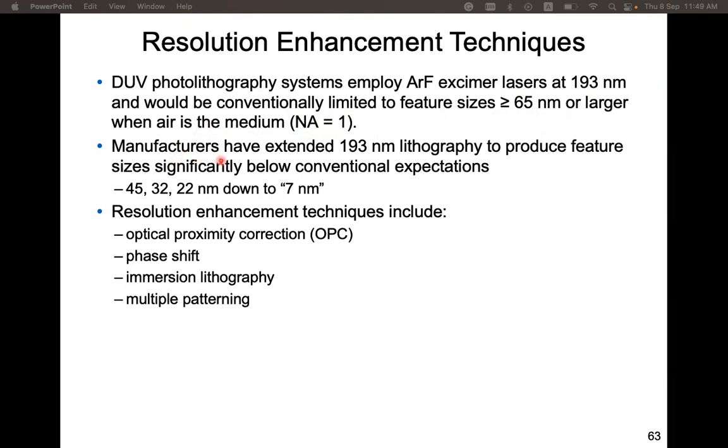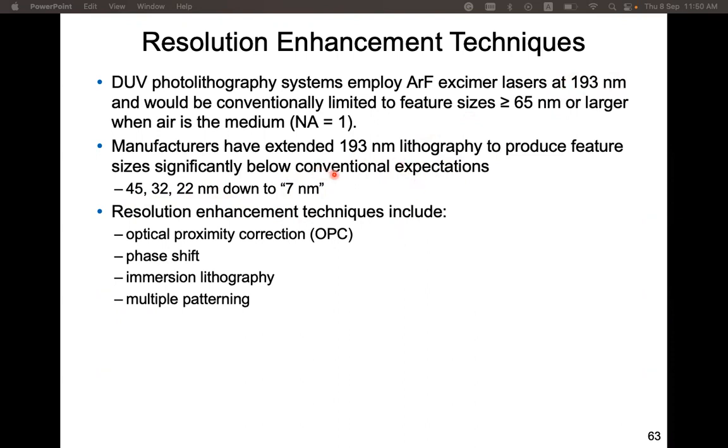But manufacturers have extended this 193 nanometer technology to produce feature sizes significantly below the conventional limit: 45, 32, 22 nanometer down to so-called 7 nanometer technology can also use this deep UV technology.